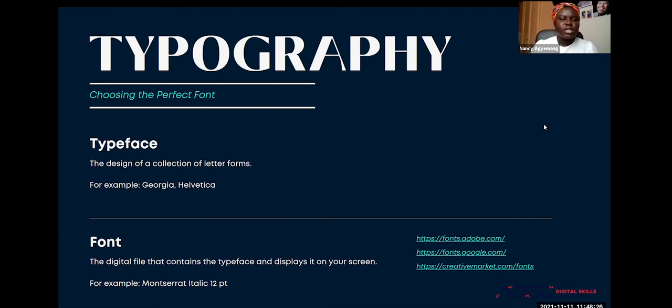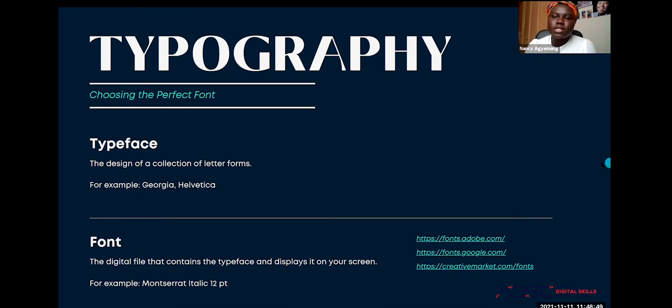So it's basically the typeface, and then whether it's bold, italic, or regular, and then the points, the size, basically. So it's the typeface, the font weight, and then the size that make up the fonts in general.